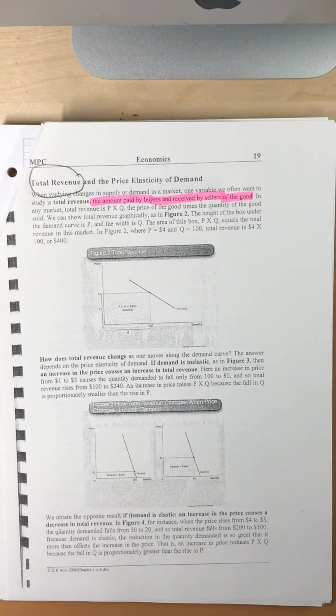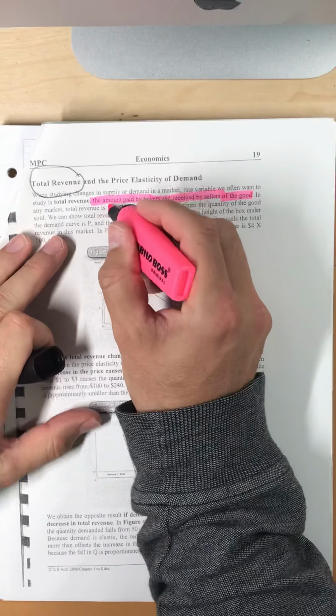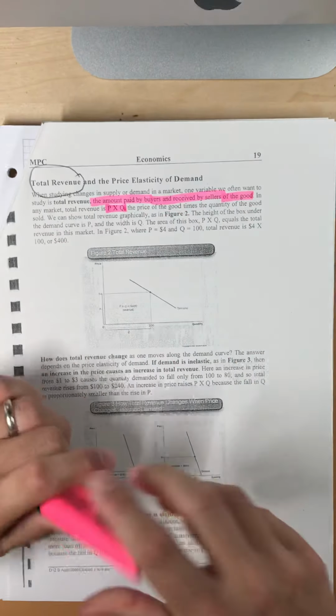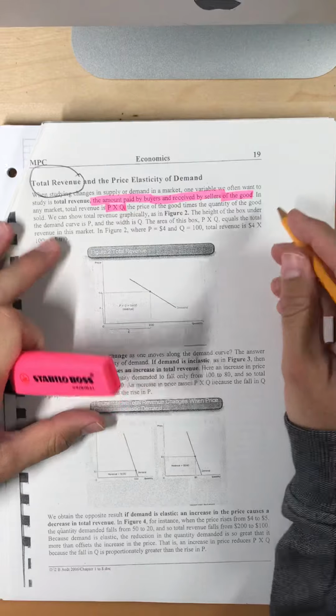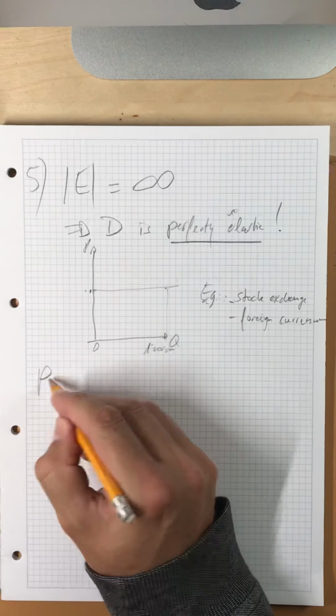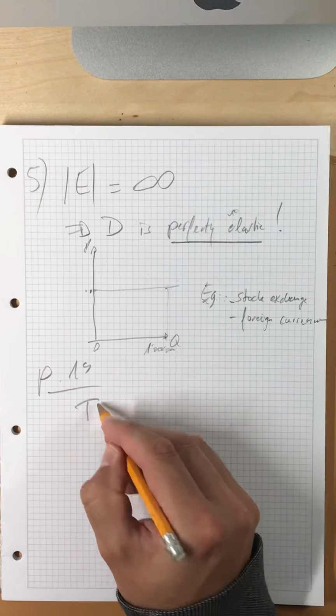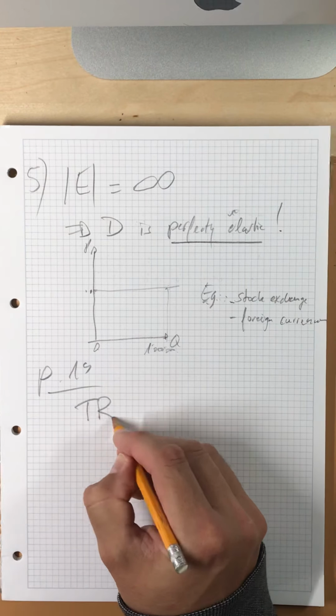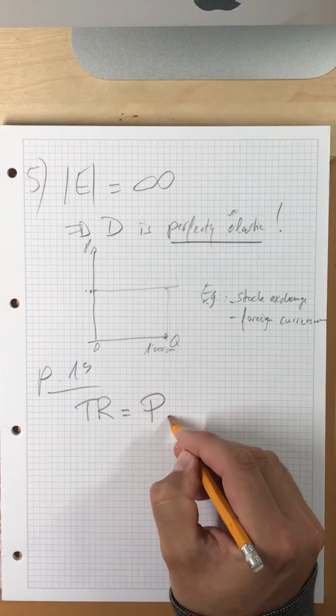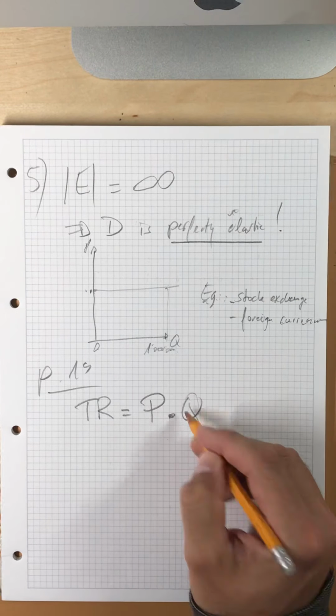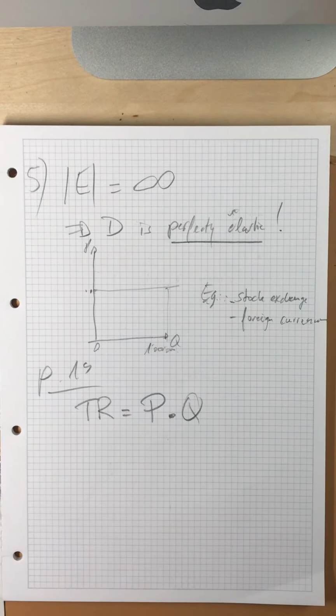So it's easy because it's always P times Q. In that case, it's page 19. Total revenue is P times Q. So it's easy when you're going to buy chocolates at the cafeteria.